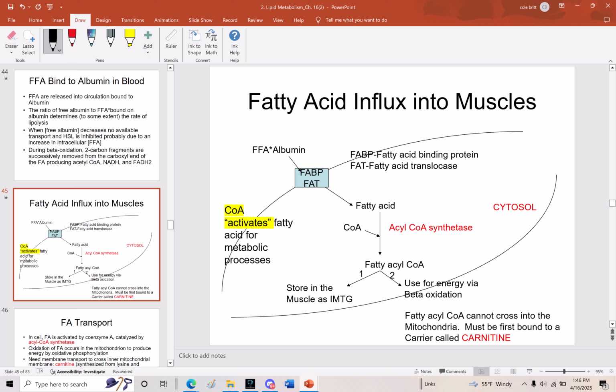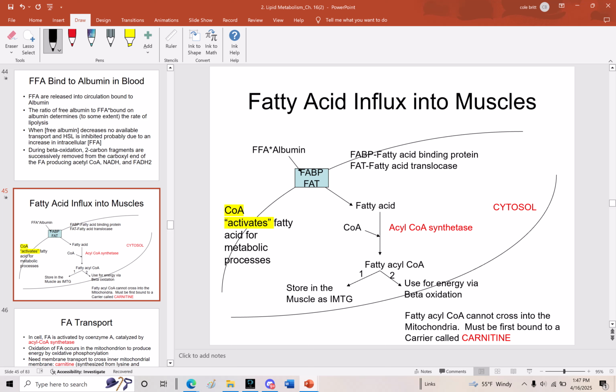The free fatty acid detaches, it goes into the cell, and then the coenzyme A is added. So it's actually two separate processes. It leaves the albumin in the blood, detaches from it, binds to this receptor here, and comes in, and then the CoA is added.